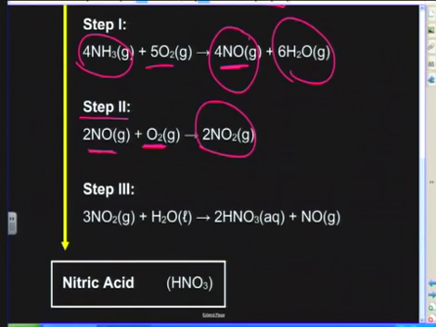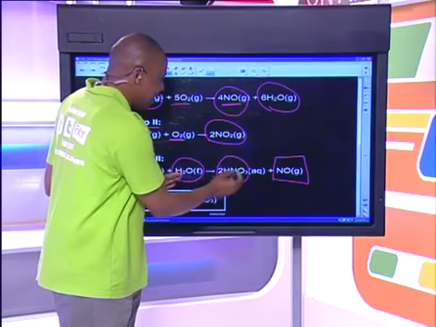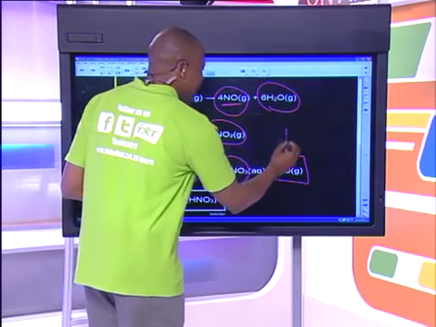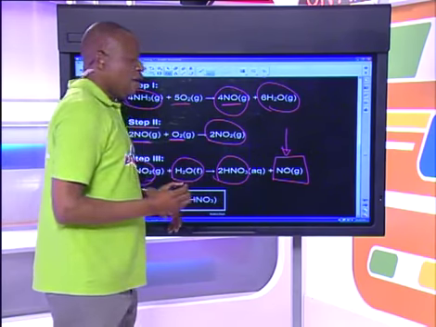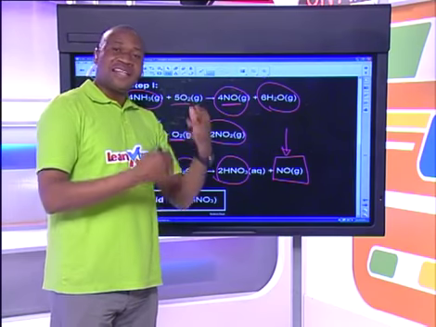And in step 3, this nitrogen dioxide is dissolved in water to give you nitric acid. What is interesting is that when nitrogen dioxide reacts with water, the product is nitric acid, which we are looking for. But a byproduct of that is nitrous oxide, which is very important for us to start the process.